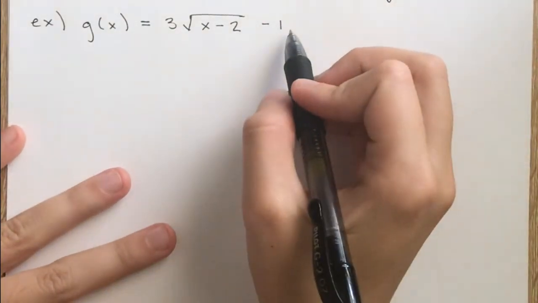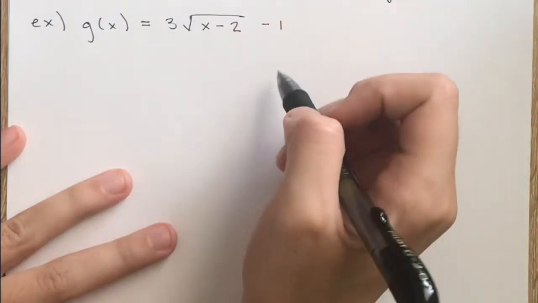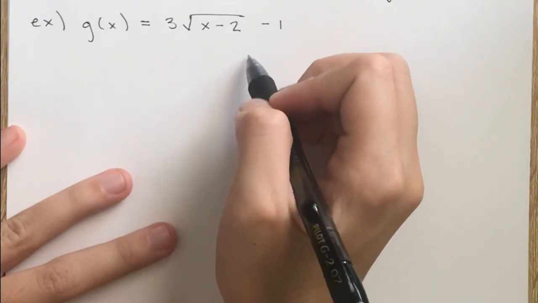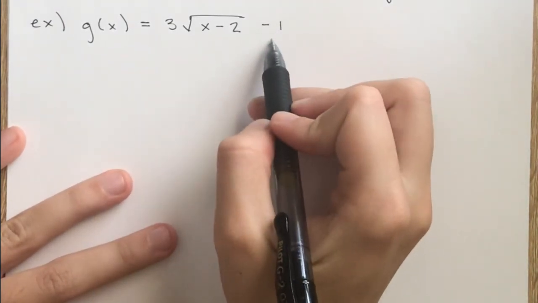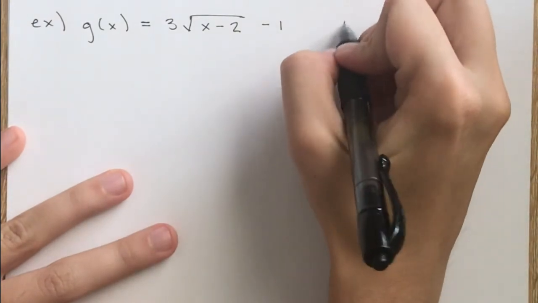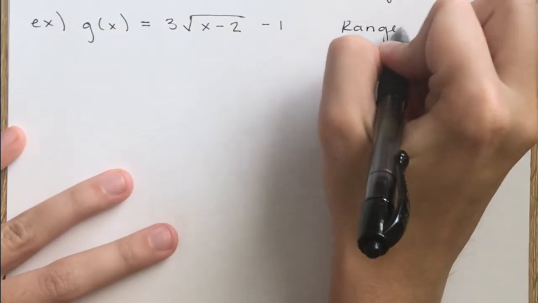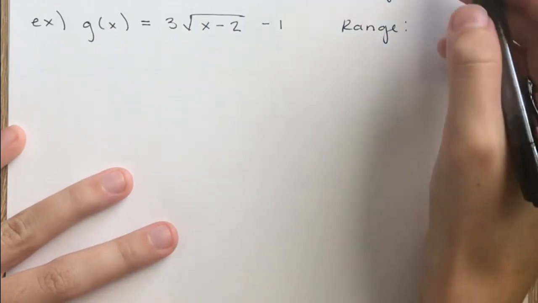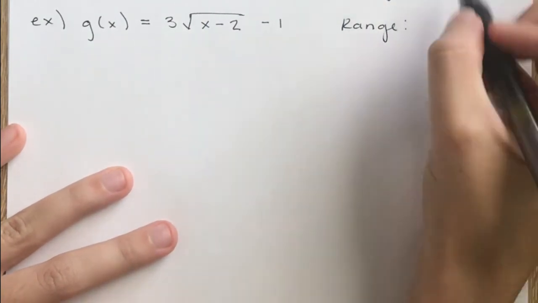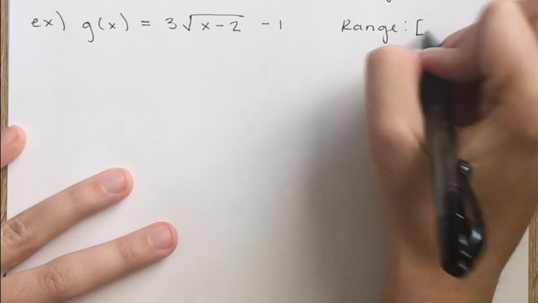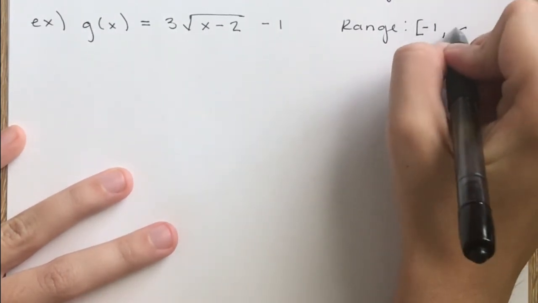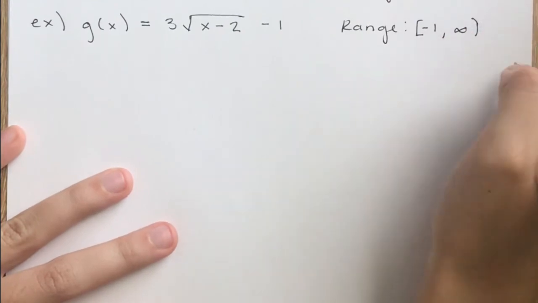It's still infinity. So this 3 actually doesn't really do anything. But what does do something is shifting it down 1. Shifting it down 1 is going to change our range. How? Before it was 0 to infinity. Now, shifting it down 1, it starts at -1 and still continues to infinity.